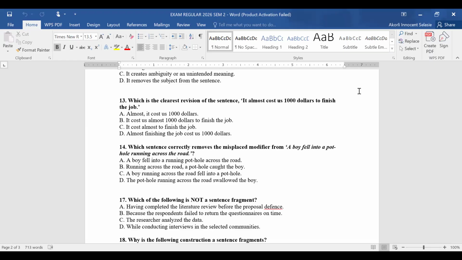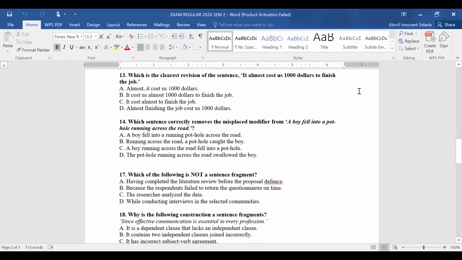D. The pothole running across the road swallowed the boy. This is very interesting. So what should it be? Number 14, what should it be? C. A boy running across the road fell into a pothole.